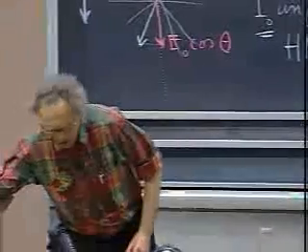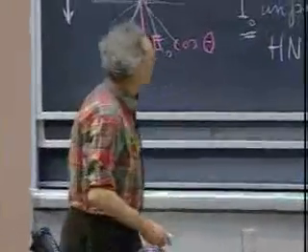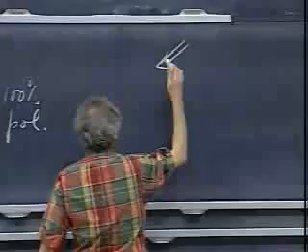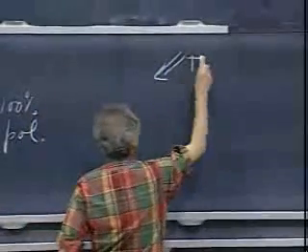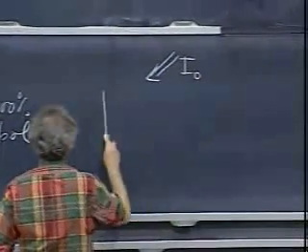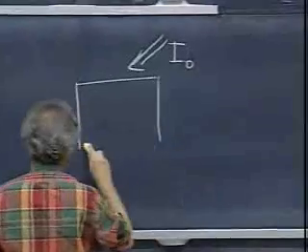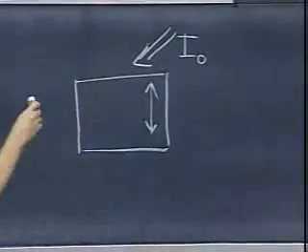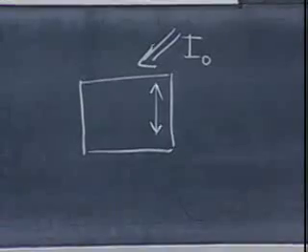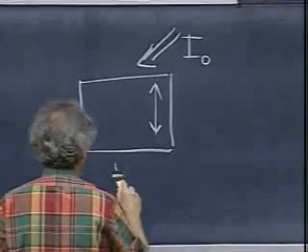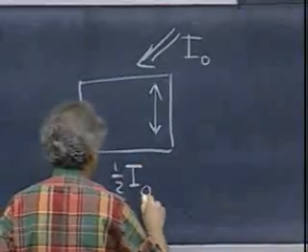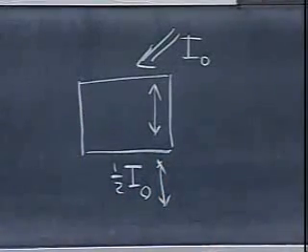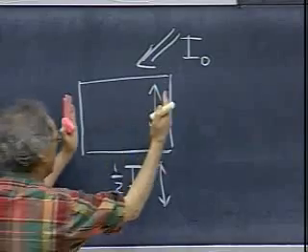So what I will do now, I will take unpolarized light, and I will have this light coming straight out of the blackboard, perpendicular to you, with strength I0, and here is one of my polarizers, and the light that comes through here is linearly polarized in this direction. And so we already know that 1/2 I0 will come through if it is an ideal polarizer. I take a second sheet, an identical one.